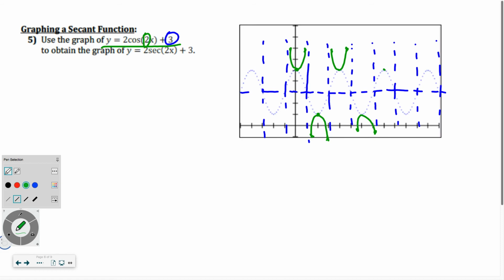And again, you don't have to fill out your graph with all of these. I'm going to label everything on one full period.